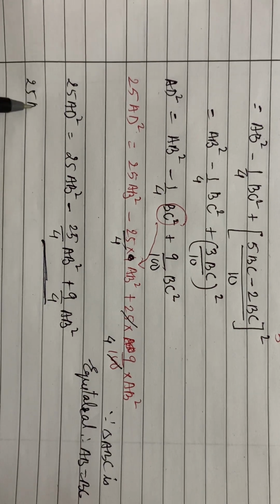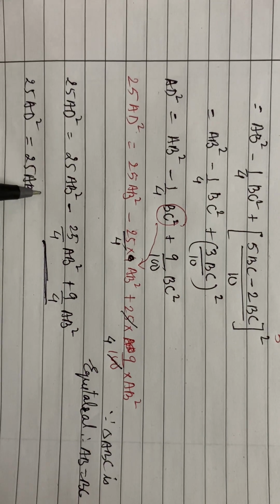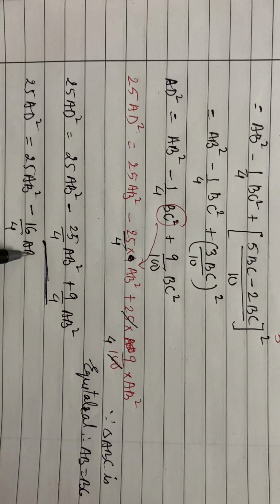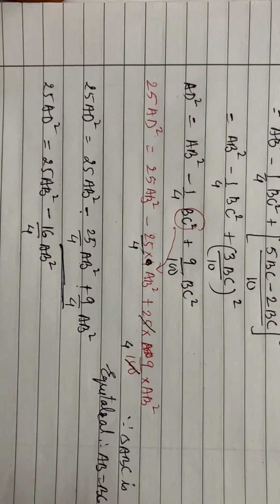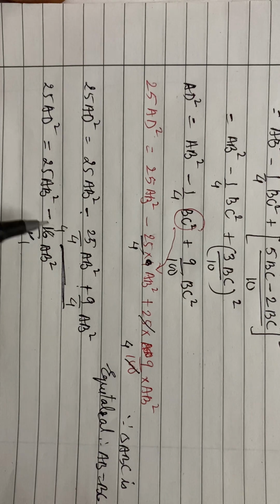So 25 times AD square is 25 times AB square minus 16 upon 4 times AB square. 25 minus 25 plus 9, you will subtract and take the sign of the greater number, so minus 16 upon 4. So this becomes 4 ones are 4, fours are 4.